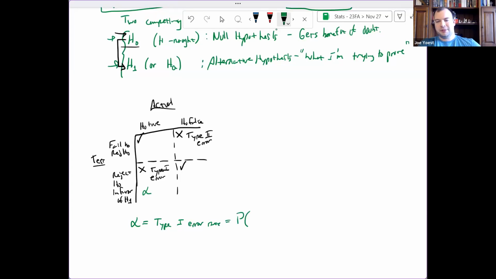Or this is the probability that we reject H naught given H naught is true. Our type 2 error rate gets the notation beta.